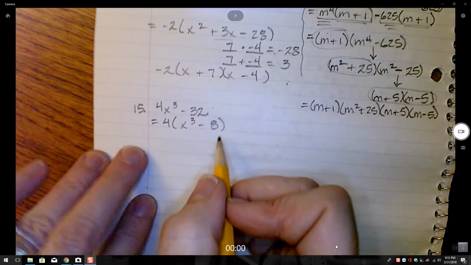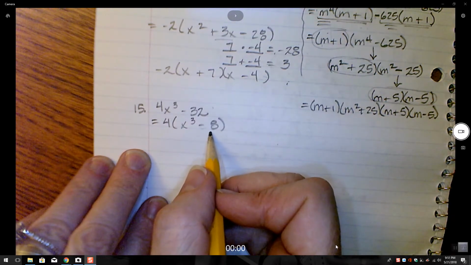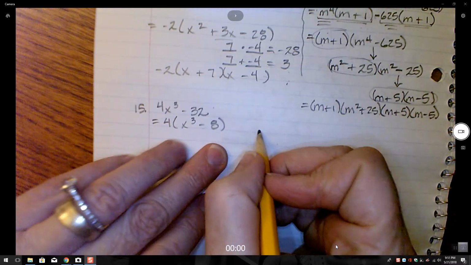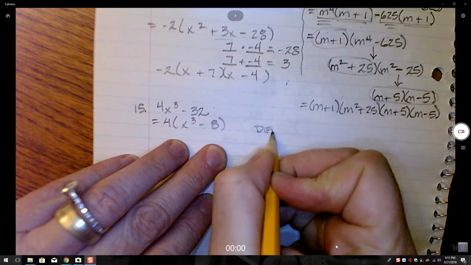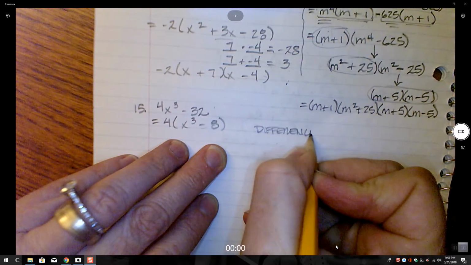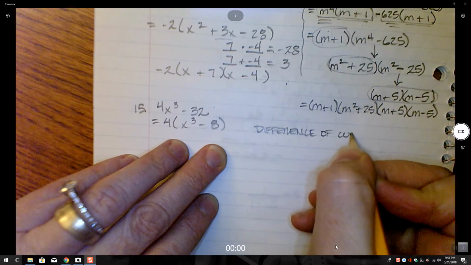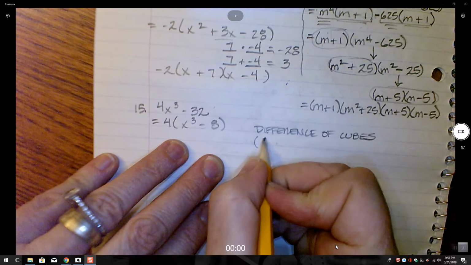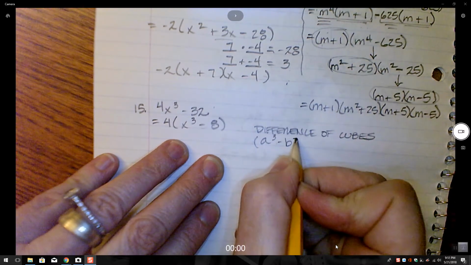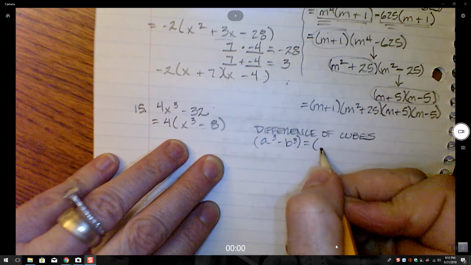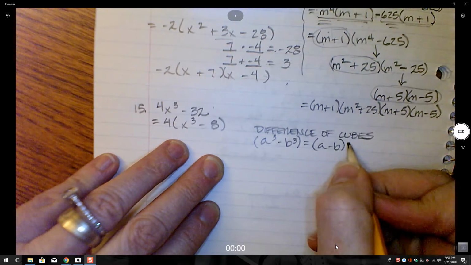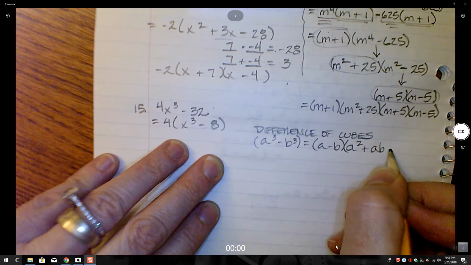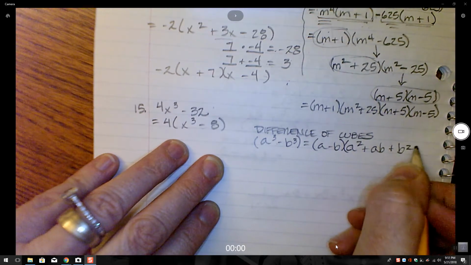But I still have a difference of cubes, and how do we factor a difference of cubes? Here's what we do. I just use this little algorithm. It's going to equal a minus b times the quantity a squared plus a times b plus b squared.